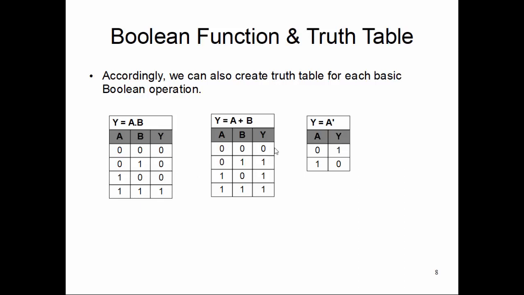Everything else is 0. OR is a different operation than AND, where I have 0 as the outcome only if both of my related variables are 0. Otherwise it's 1. And inversion is easy: if the related variable's value is 0, the outcome is 1. If the related variable's value is 1, the outcome is 0.